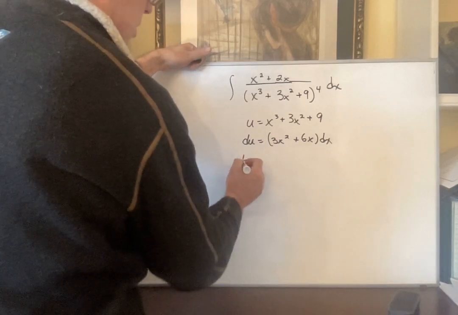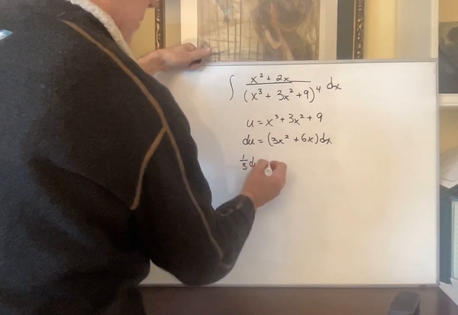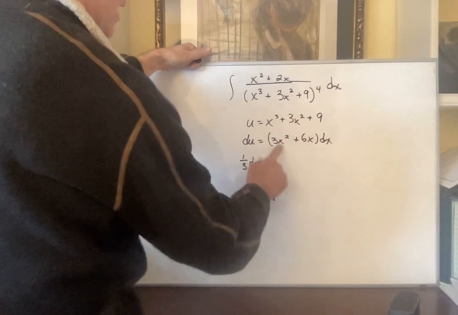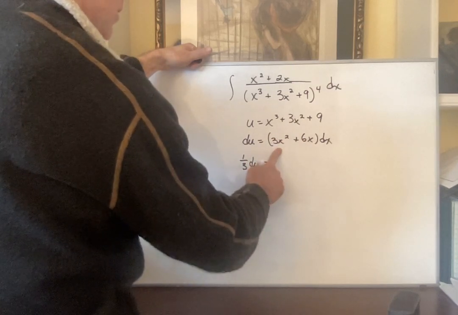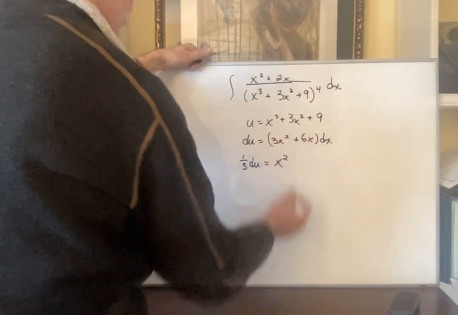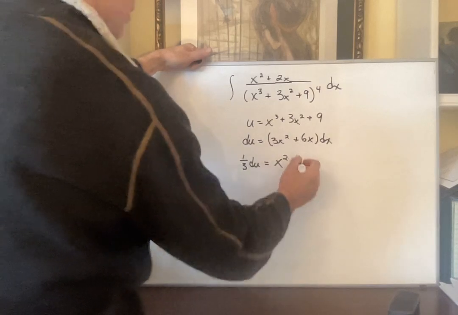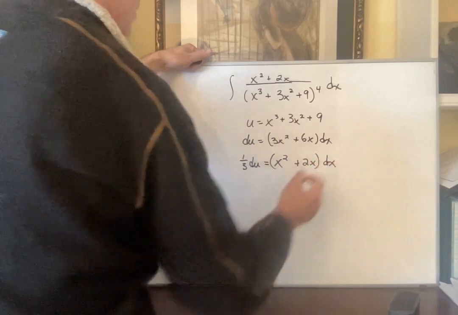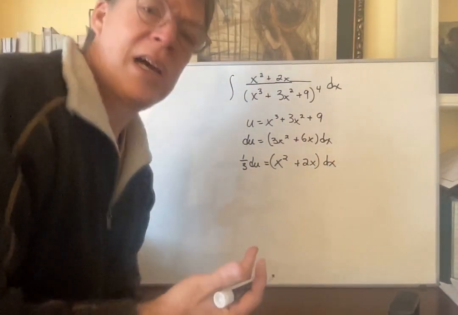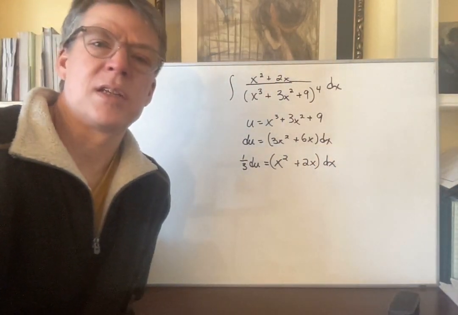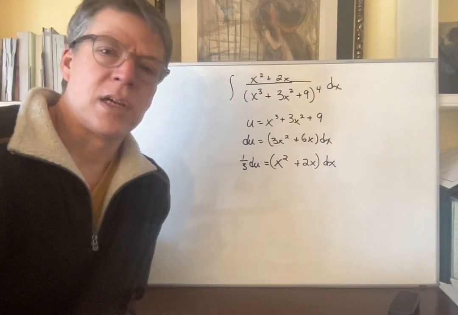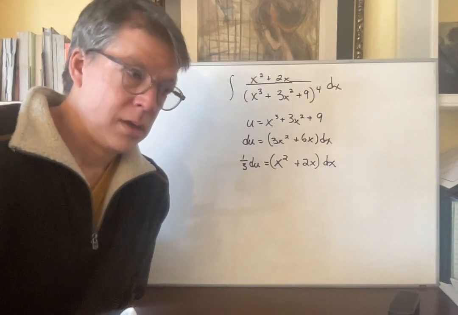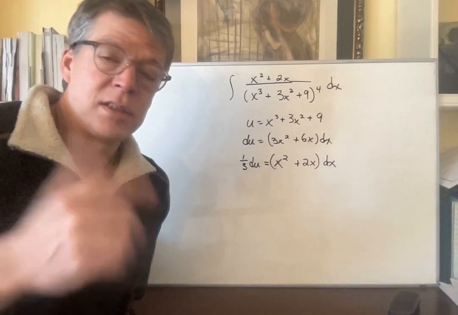So this is 1/3 du then. And if I multiply this by 1/3, guess what that 3x squared becomes? Just an x squared. And guess what this 6x becomes? 2x. You see what I just did there? I just got rid of that coefficient that was lousing us up by multiplying on both sides to get rid of it. And now, at this point, it's just the same as what we were doing.